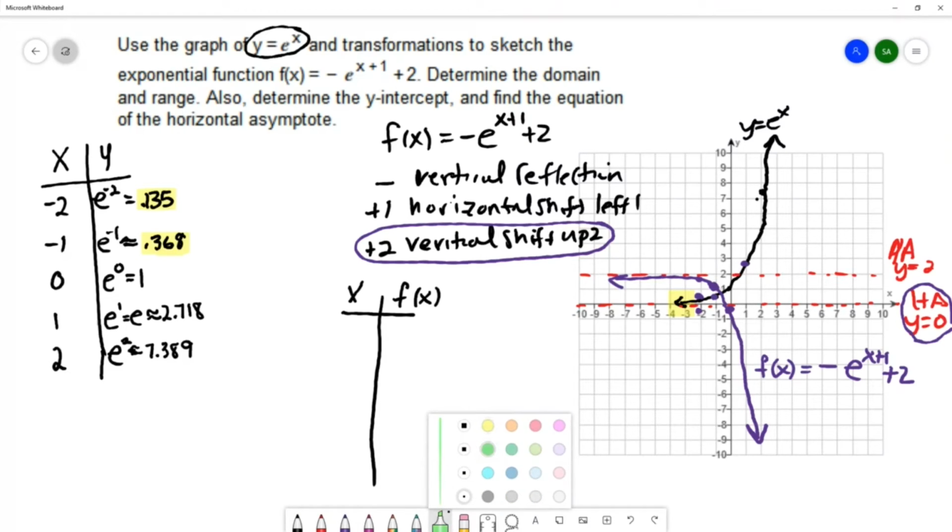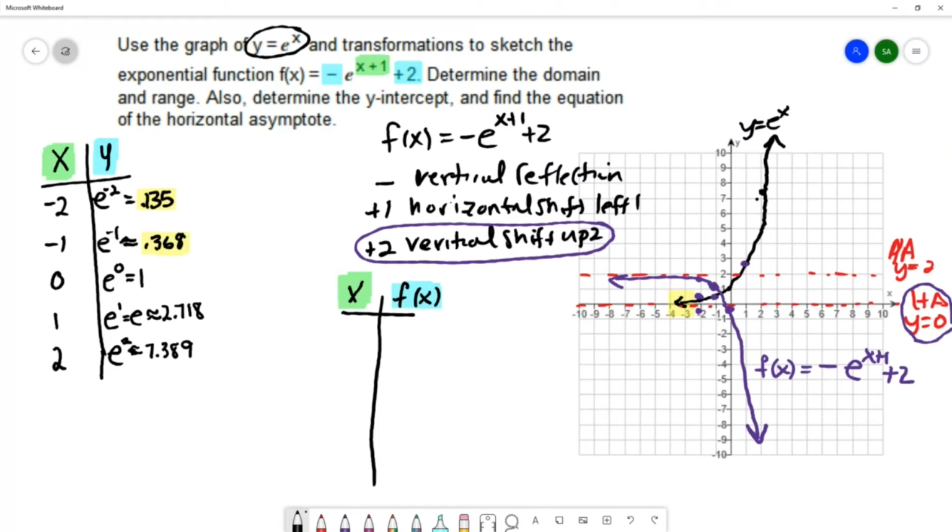Using green, the transformations that affect the x are going to be the horizontal transformations. That's the one that shifted left 1. And in blue, I'll highlight the transformations that affect the y. The reflection, as well as shifting up 2, will be vertical transformations, and they affect the y-coordinate.